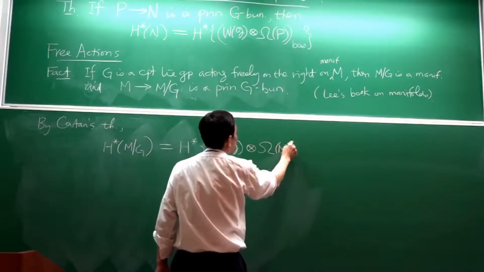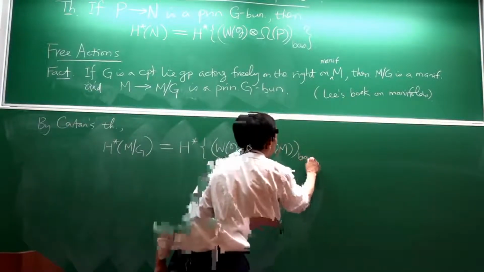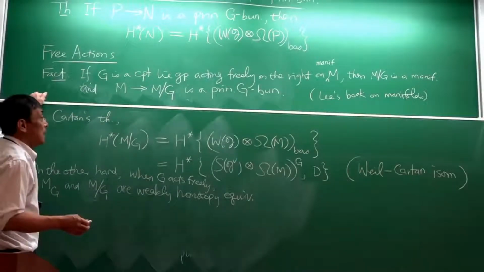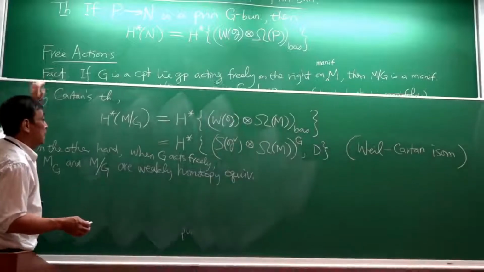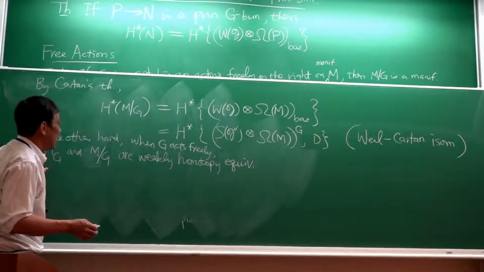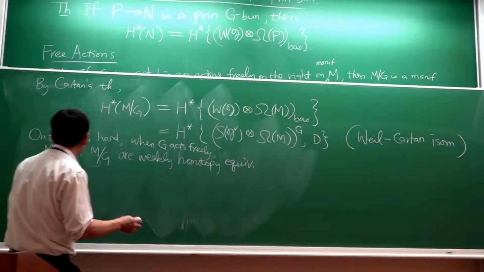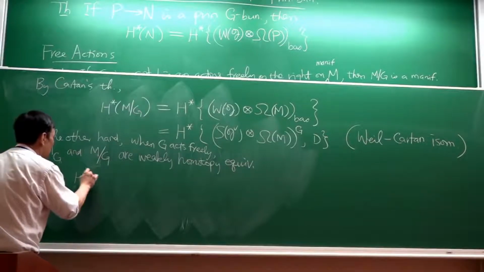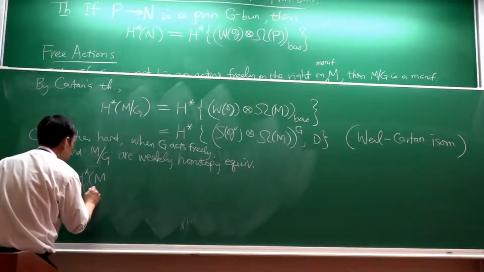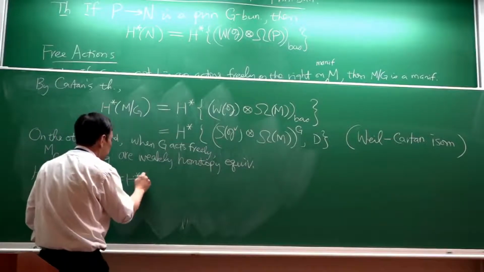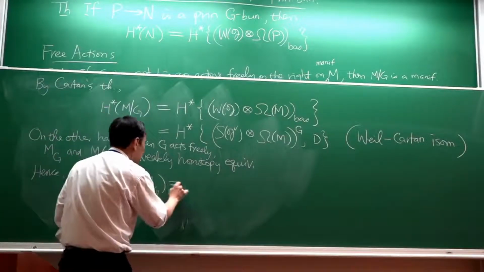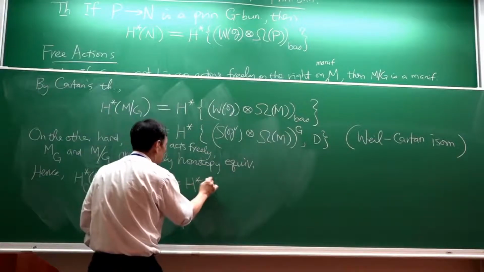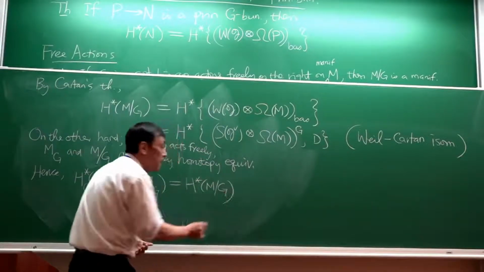Okay, now the total space is M. But the cohomology of the Weil model, and then if two spaces are weakly homotopy equivalent, then they have the same cohomology. So the equivariant cohomology is the cohomology of the homotopy quotient, and that is going to be the cohomology of M mod G. Okay?